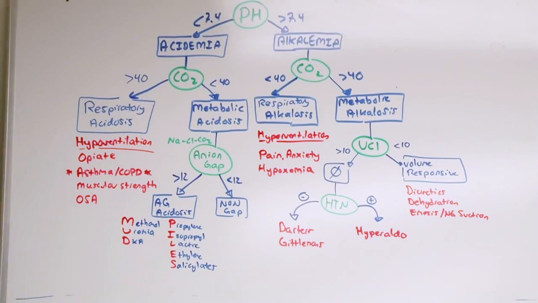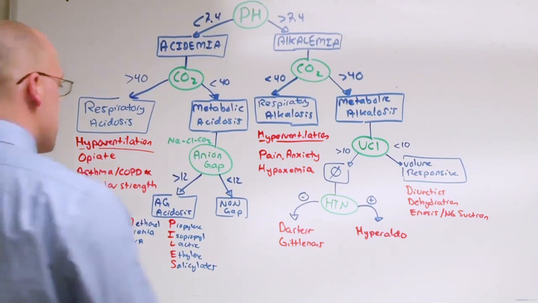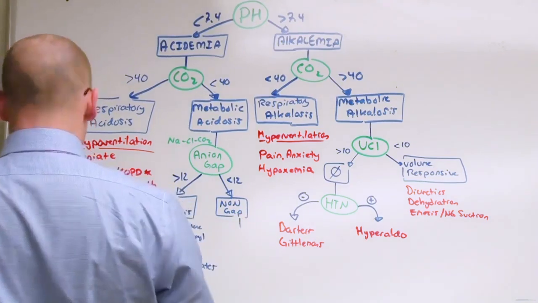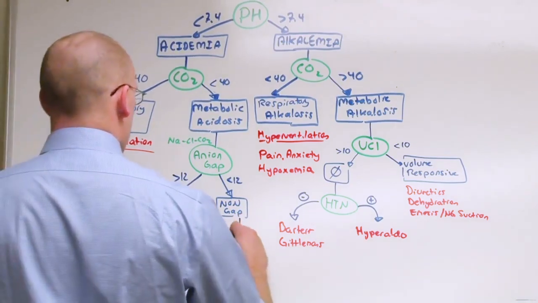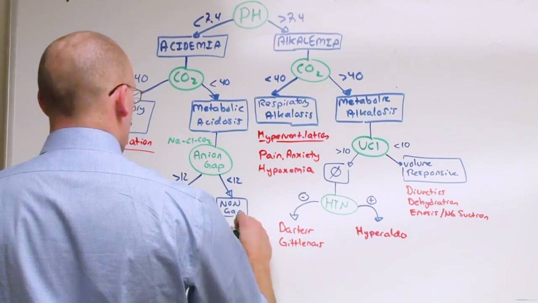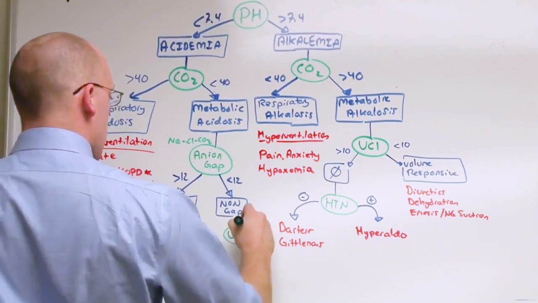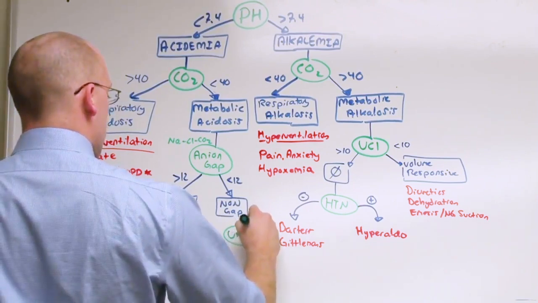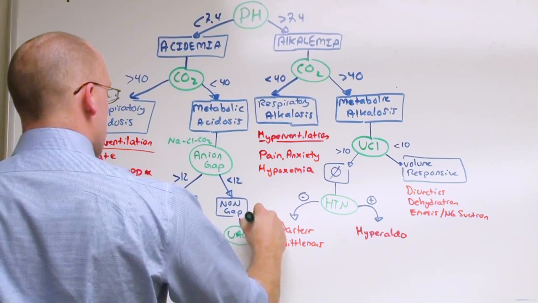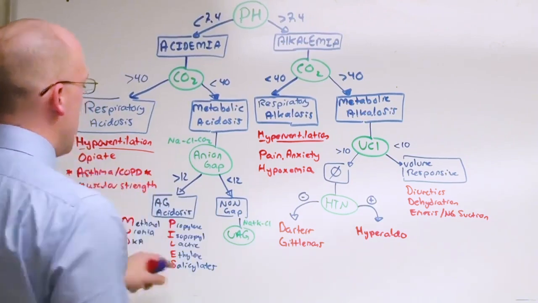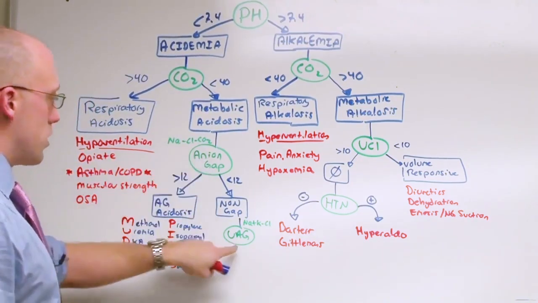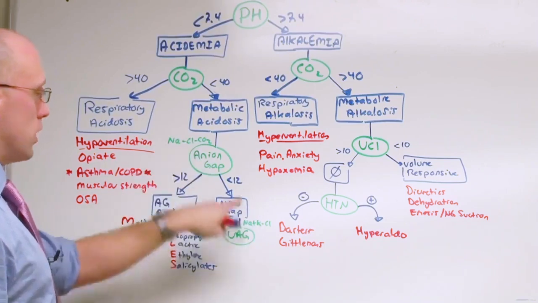Back in. And for the non-gap acidosis, what you want to assess is the urine anion gap. A urine anion gap is calculated by looking at the urine sodium plus potassium minus chloride. Now notice the anion gap in the serum and the urine anion gap rely on different electrolytes.